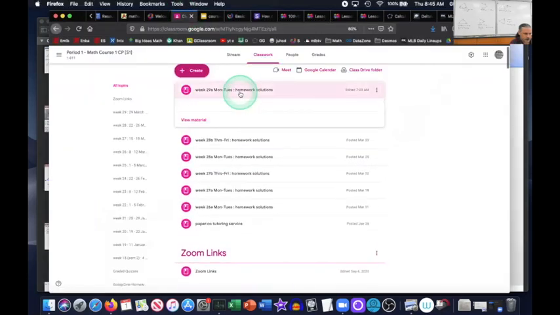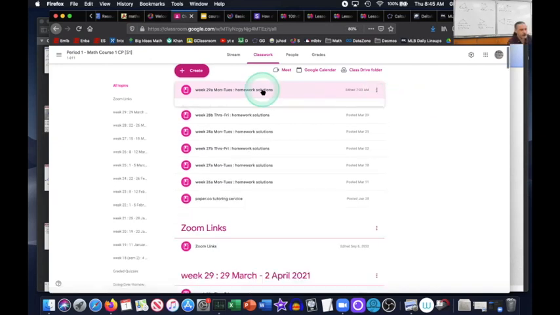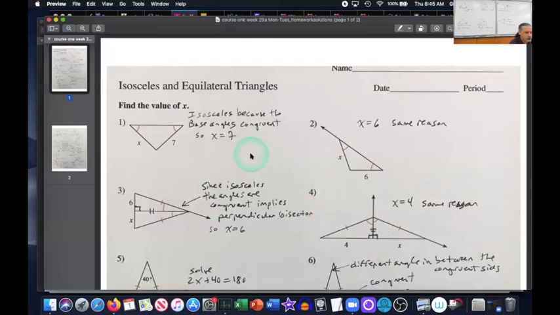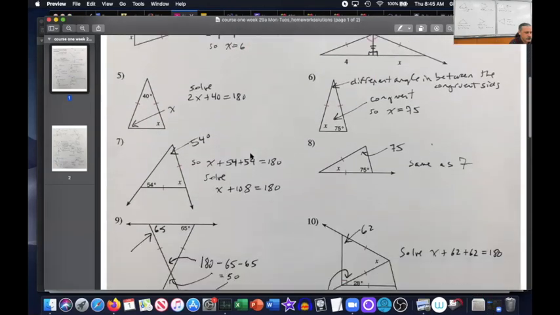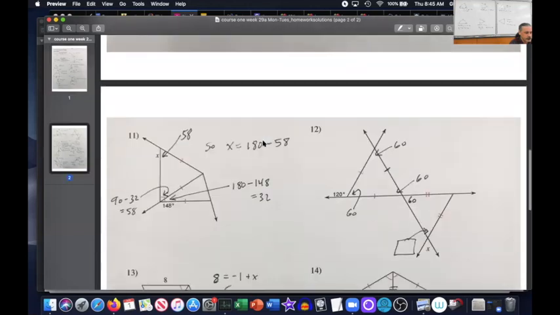So as I've been doing, I just uploaded the pictures, so it would be a more manageable file size for you guys. Okay, and I pretty much did the homework for you. Now, some of this I just said solve. I didn't finish it.